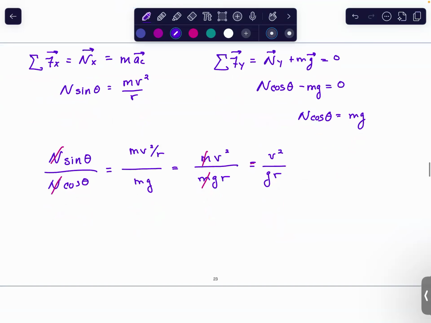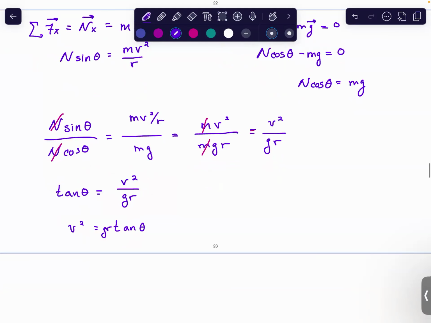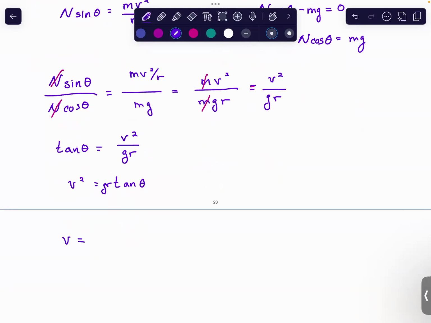So just put the tangent of theta. v squared over g r equals tangent theta. And then, of course, your velocity, your speed, is the square root of that whole thing.